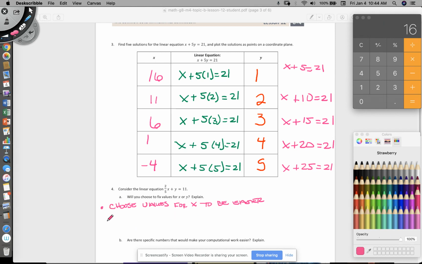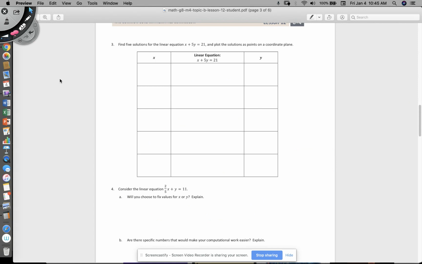If I chose, I'm going to make this a little bulleted thing, if I chose values for y, it requires one extra step. So that would just be kind of how I answer that, but you can answer it how you feel. You know, it asks, will you choose? So you can kind of pick your own answer there. All right, let's move on down to the next one.